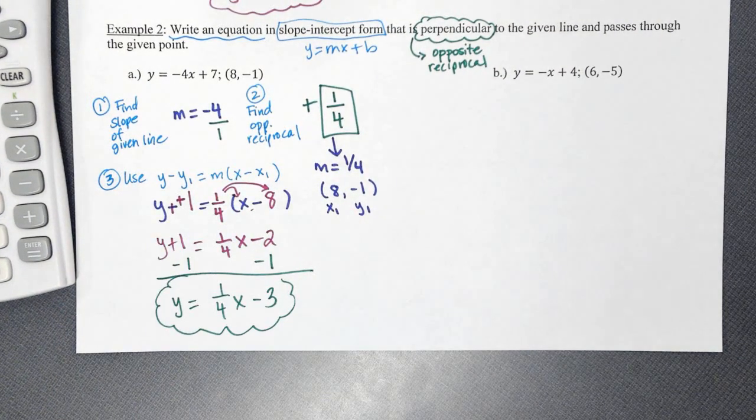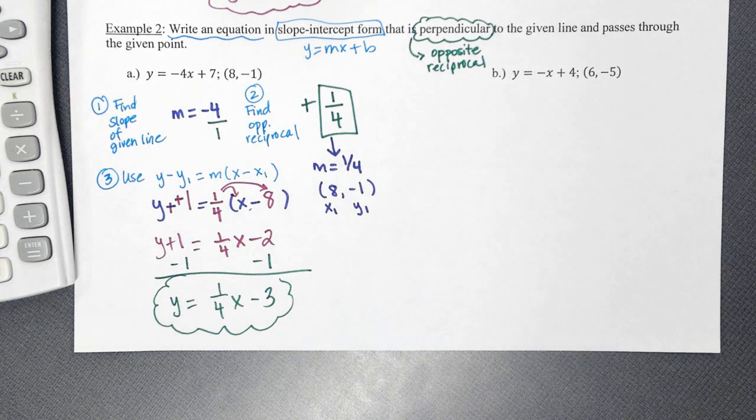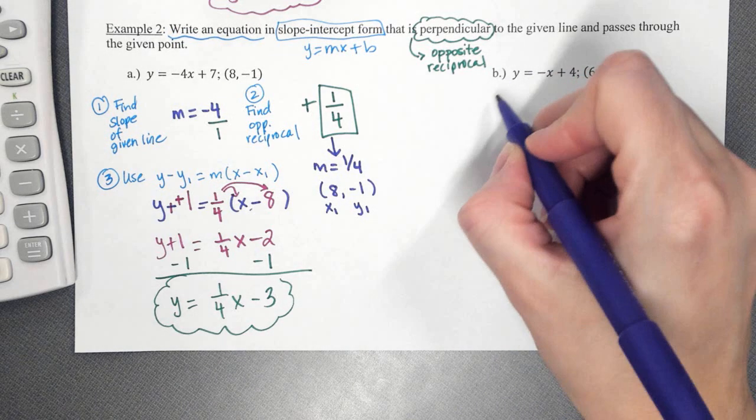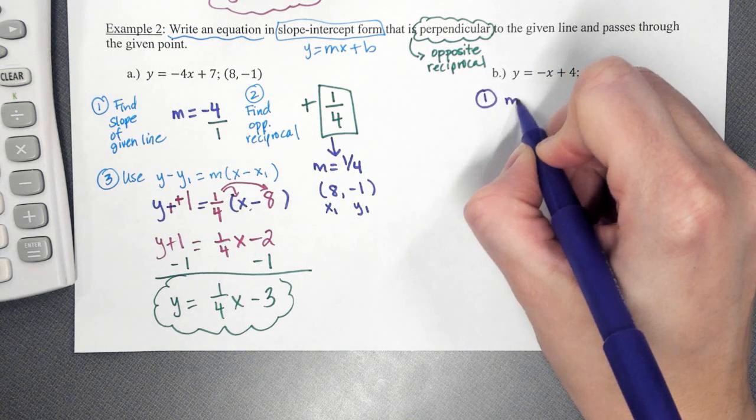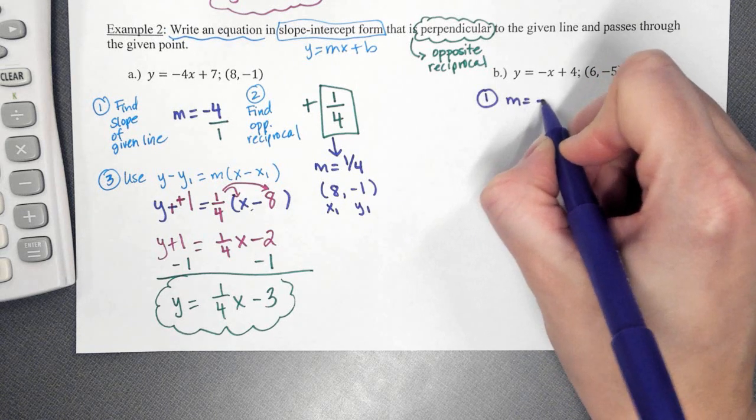Okay, and then I'm going to start part B with you, because the slope for this one might be a little tricky. If you can't see the number in front, do you guys remember what it is? Yes, and so because you have the negative here, you have -1.